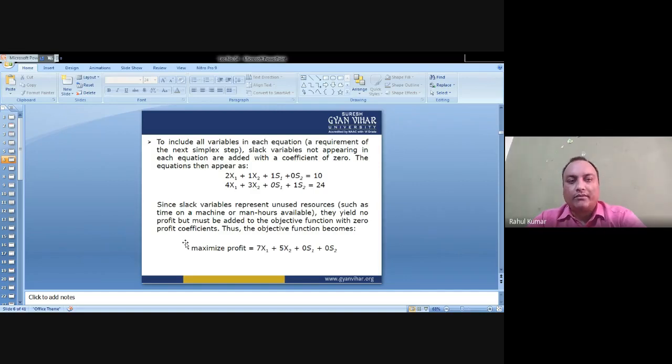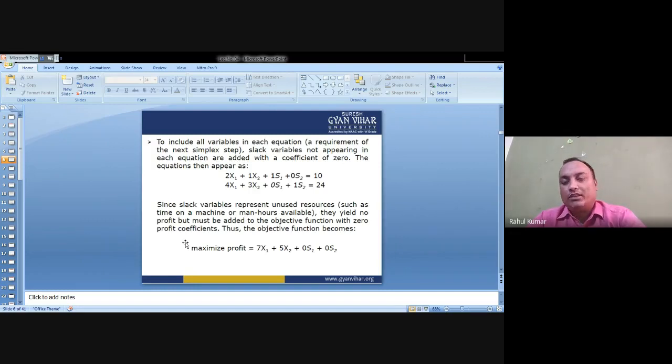Slack variables represent unused resources, such as time on a machine or man hours available. They yield no profit but must be added to the objective function with a zero profit coefficient.